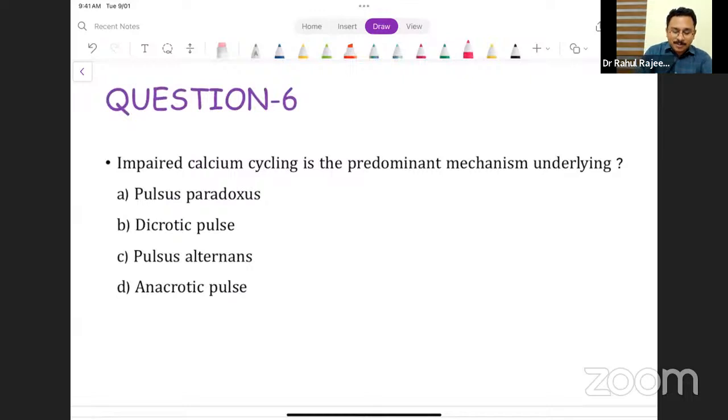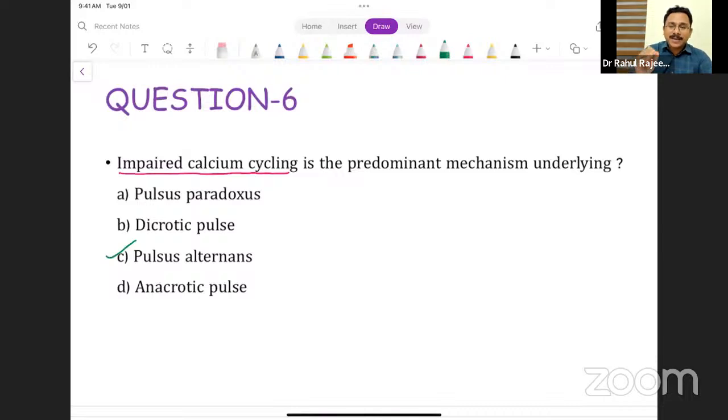So this is an important point. See, impaired calcium cycling is the mechanism that underlies pulsus alternans. So you know that in case of pulsus alternans, you have alternating high volume and low volume pulse. And this can be seen in association with left ventricular dysfunction.